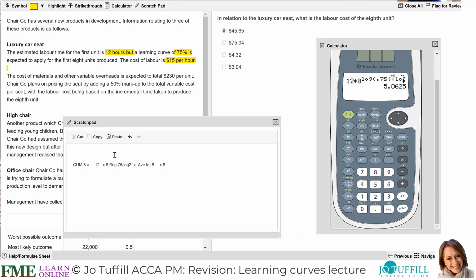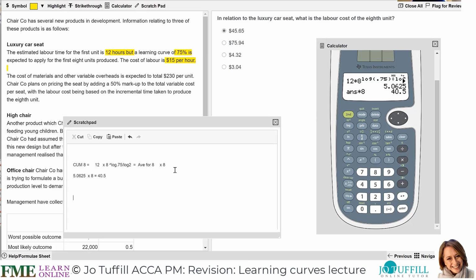And then it gives you 5.0625. Then we're going to times it by 8. So 5.0625, and then we're going to times that by 8. And that gives you 40.5. So that's the cumulative for 8.